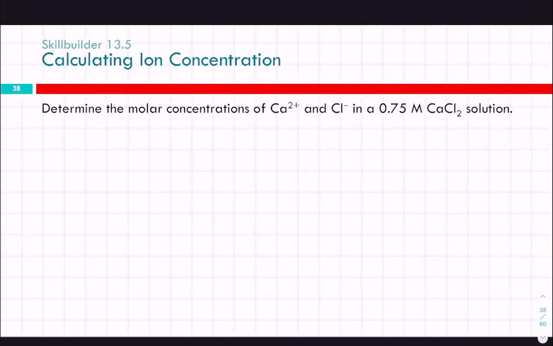We got one example here. I'm not going to spend too much time on this, but if you want to determine the molar concentrations of calcium and chloride in a 0.75 molar calcium chloride solution, I should write this as molar calcium chloride.